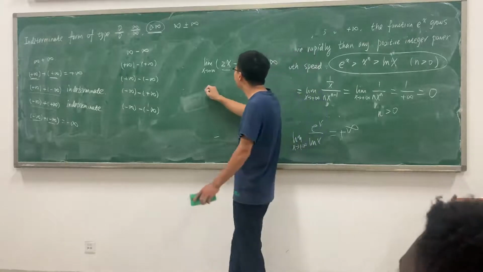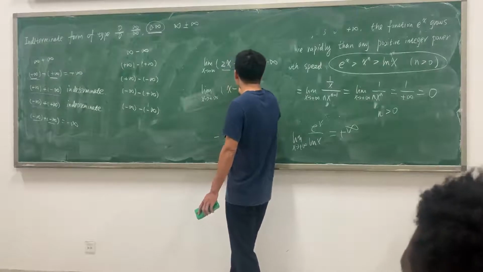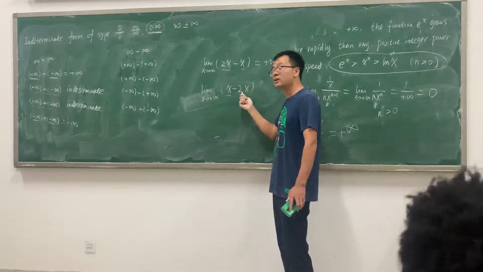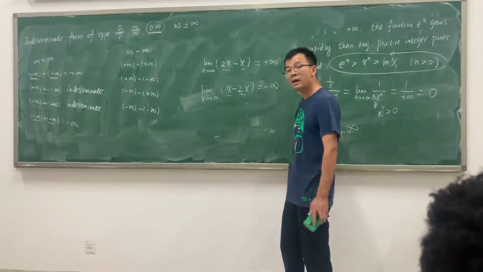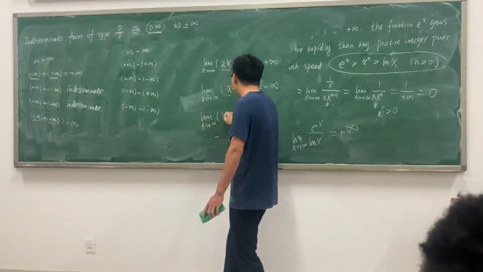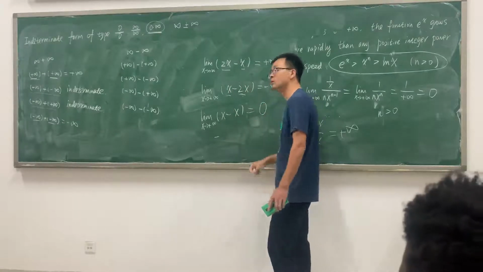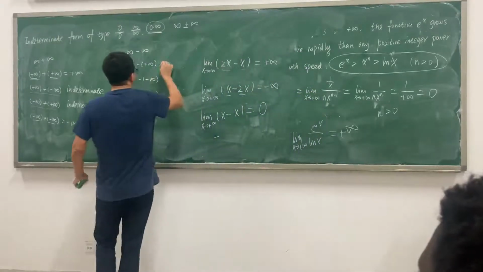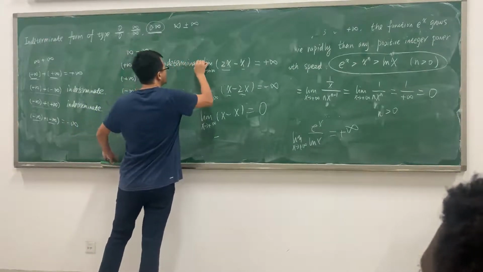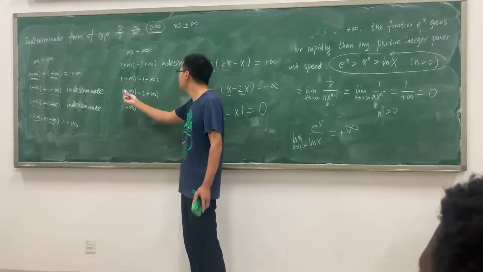But if the limit as x approaches plus infinity is x minus 2x, this is plus infinity minus plus infinity, and the result is minus infinity. And the limit as x approaches plus infinity of x minus x is 0. So this one is indeterminate.